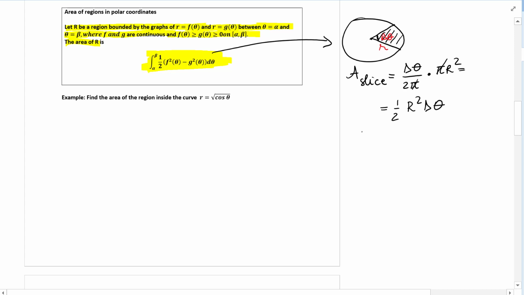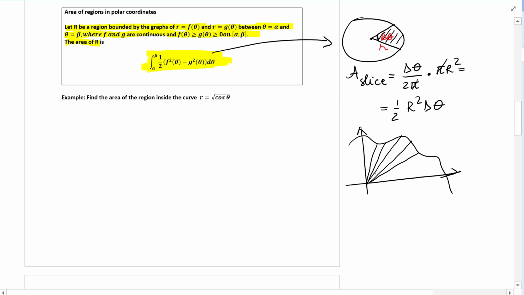So if you think about a graph that looks like this and we want to find the area, we split it into these slices, right?